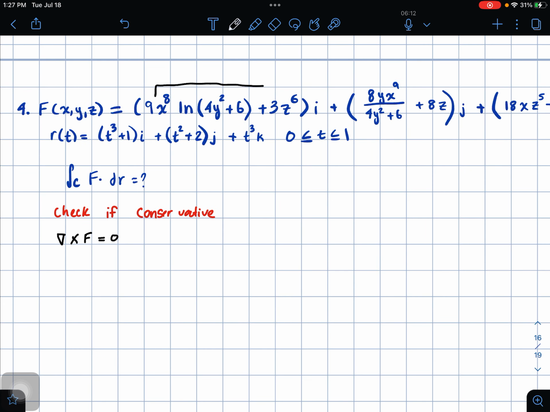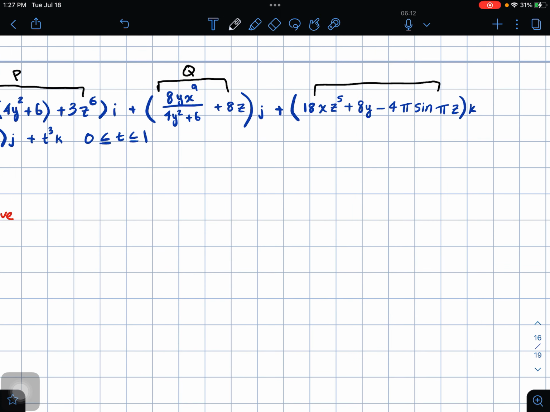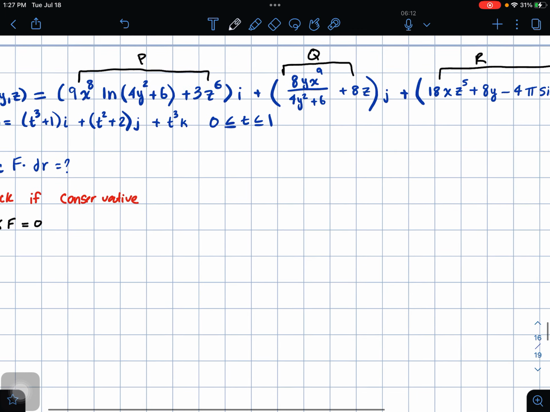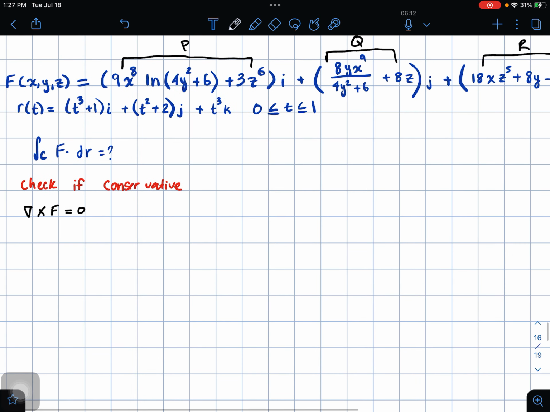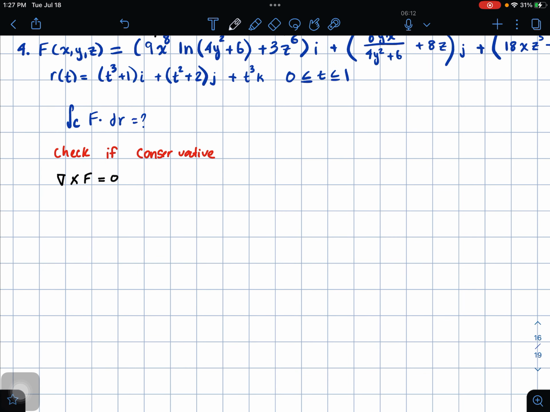This thing right here is our P, this thing right here is our Q, and this thing right here is R. The gradient is just the partial derivative of each of these, P, Q, and R. But you can do the cross product in terms of the determinant.